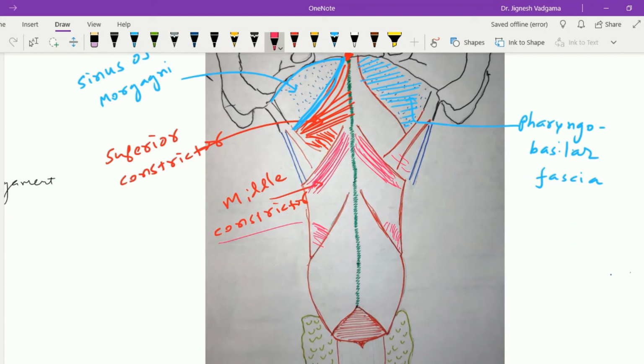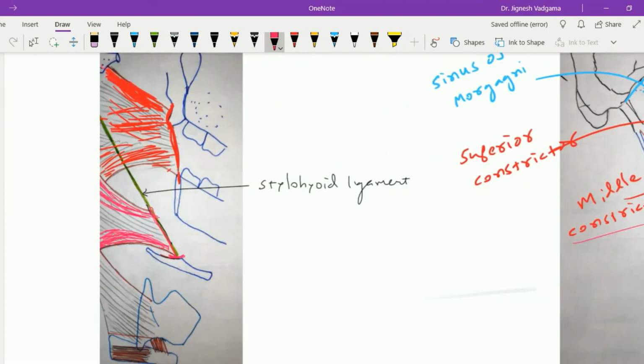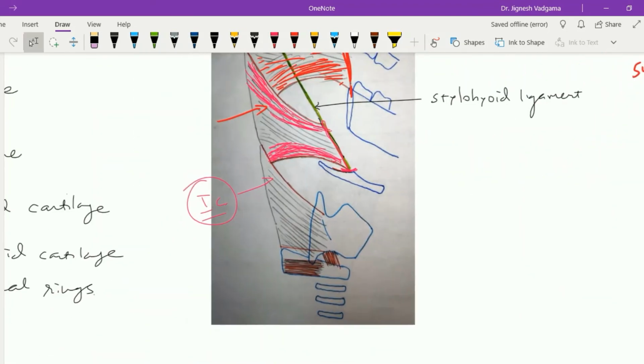the vocal folds. When we see the inferior constrictor muscle, it has two parts. The part which arises from the thyroid cartilage is called the thyropharyngeus part, and the part which arises from the cricoid cartilage is the cricopharyngeus part.